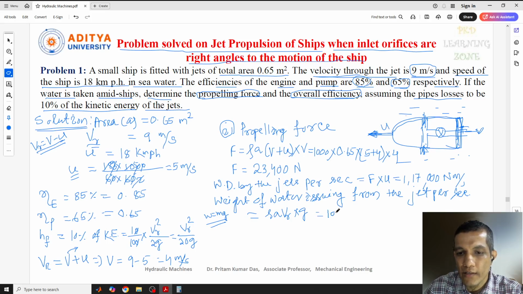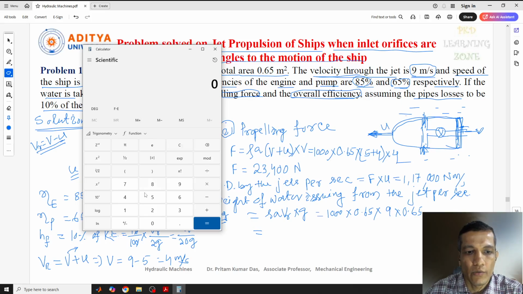So again, let's put in the values of all this. Rho equal to 1000, area equal to 0.65, VR equal to 9. From here you can find out the weight of the water issuing from the jet per second.